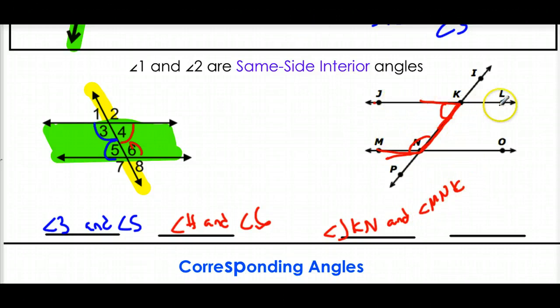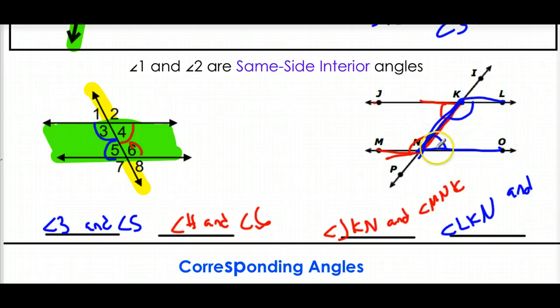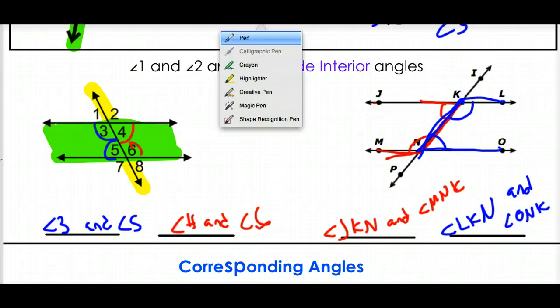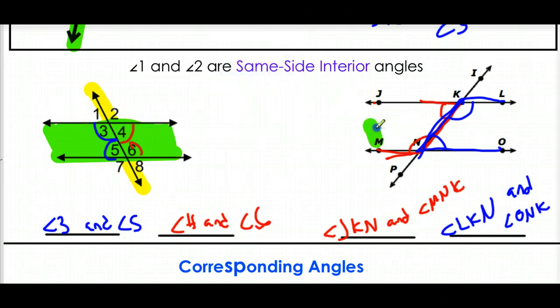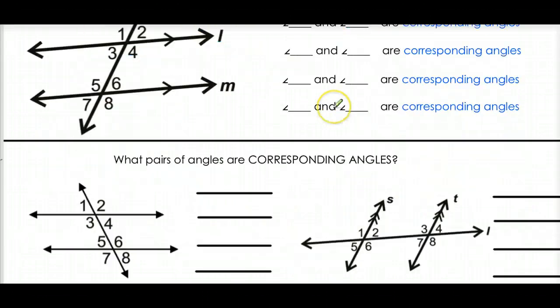Also, let's do this one in blue, we have this angle, angle LKN, and angle ONK are on the same side and on the interior. Sorry, I didn't highlight, so this is the interior. And if you notice, these two are on the interior and these two are on the interior and on the same side of the transversal.